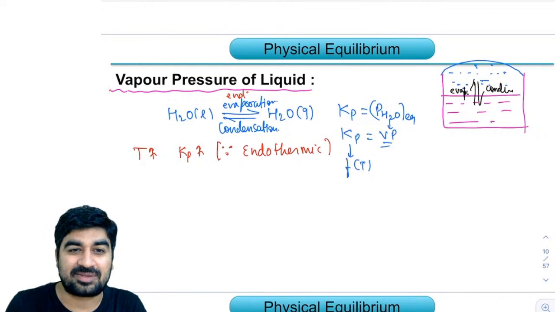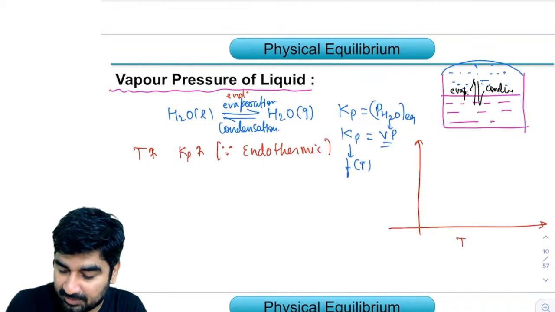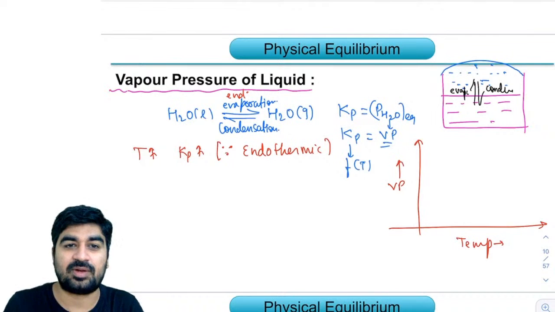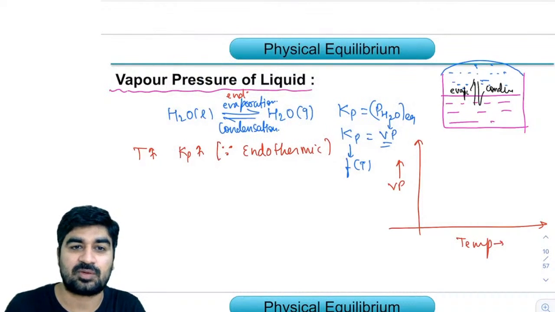So guys, why I'm telling you this: suppose here I'm making a graph between temperature and vapor pressure. What will happen when I make the graph between temperature and vapor pressure?